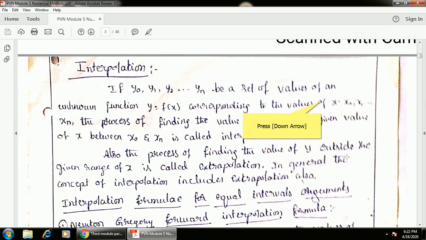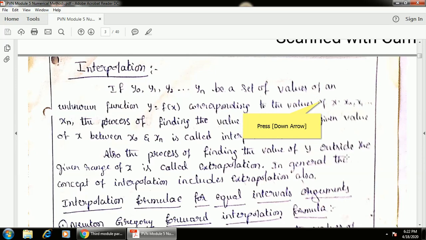If y0, y1, y2, up to yn is a set of values of an unknown function y equal to f of x, corresponding to the values x0, x1, x2 up to xn, the process of finding the value of y for any given value of x between x0 and xn is known as interpolation. Without knowing the function, we are able to find the value of the function.